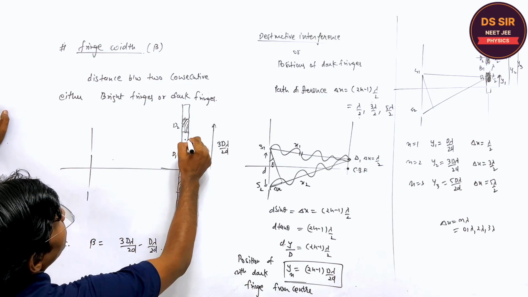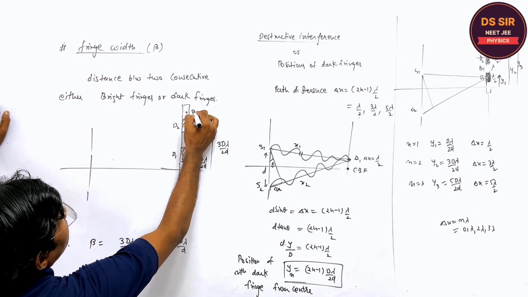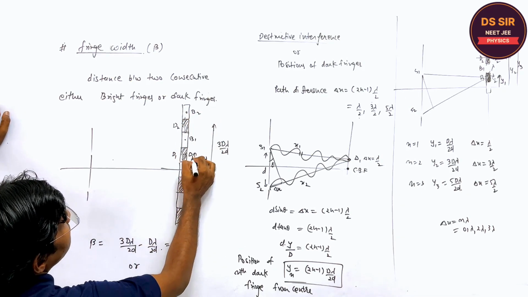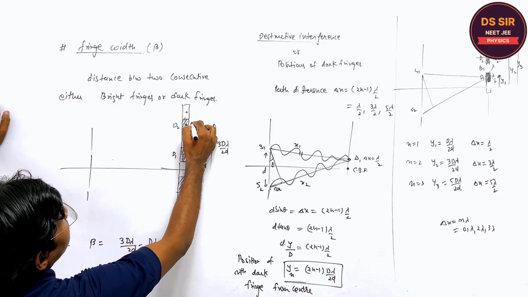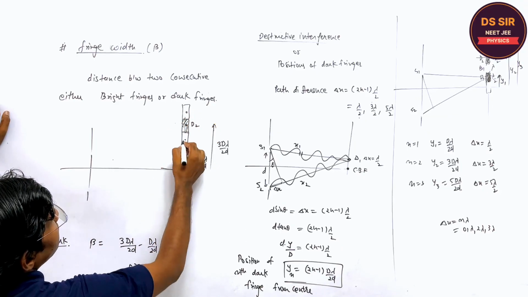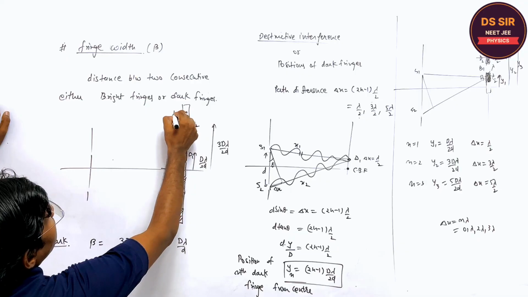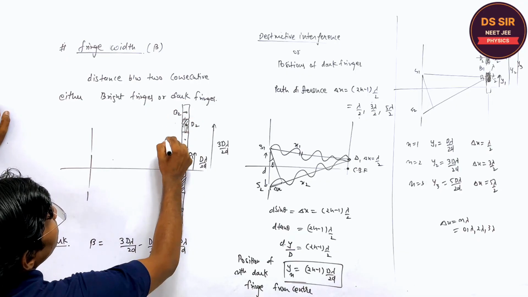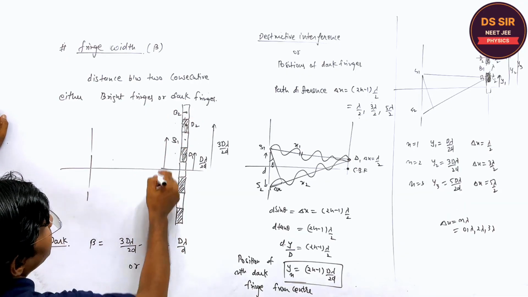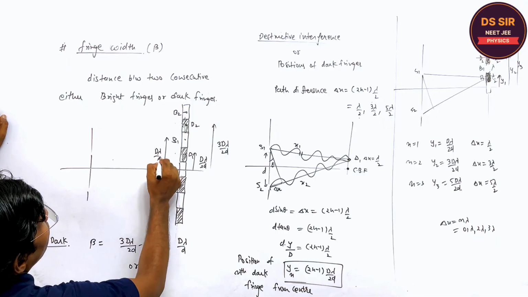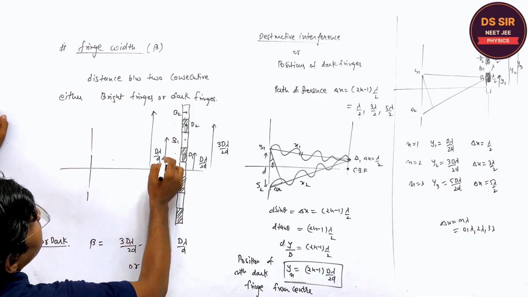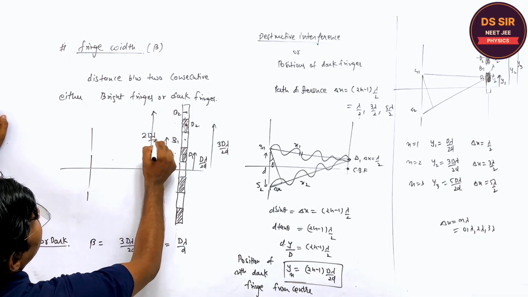Now for bright fringes, if this is B1 and this is B2, what is the B1 distance? It is equal to lambda D over d. What is the B2 distance? It is 2 lambda D over d.